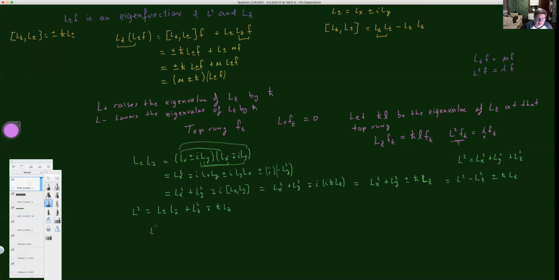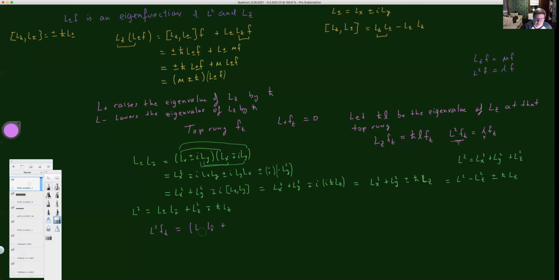So L squared acting on the top f_t is equal to L plus minus, L minus plus, plus, and actually I'm going to choose which one I want of these. I'm not going to use the generic thing that has both of them.